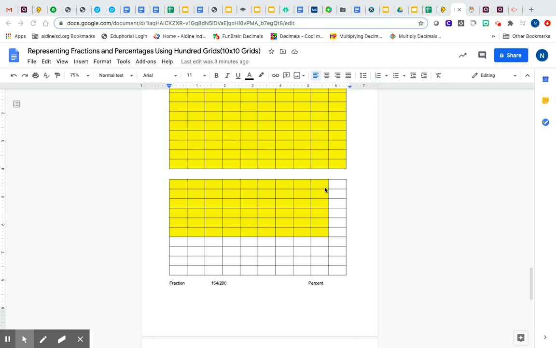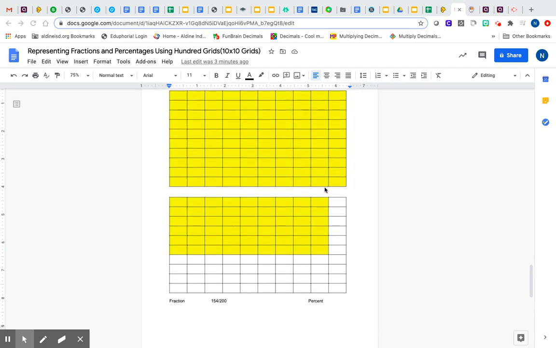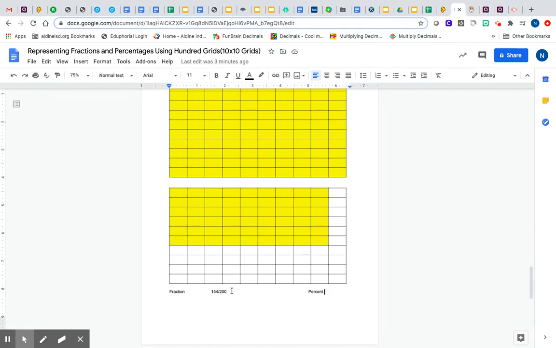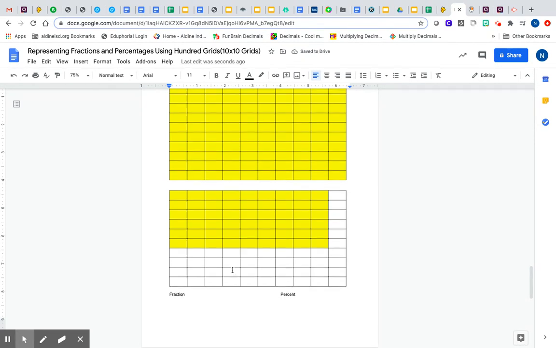So in total, between these two models, I have 154 squares shaded in on my 100 grid model.